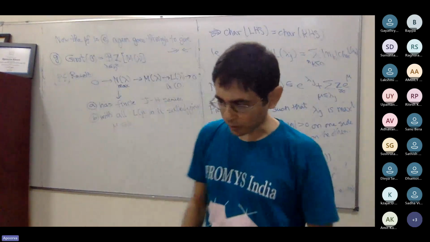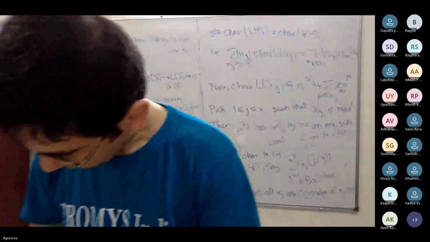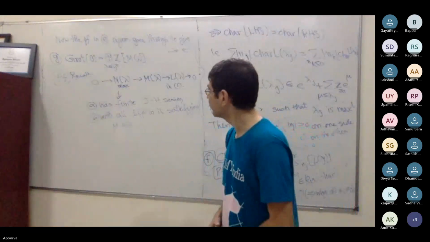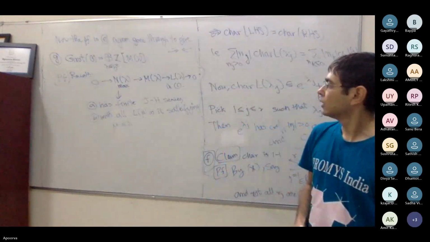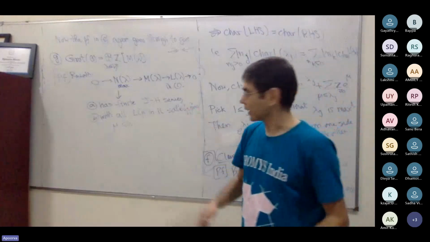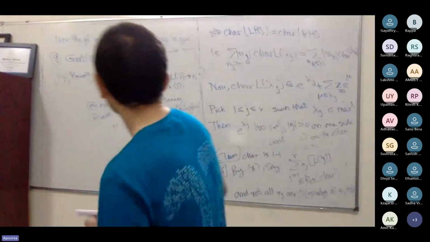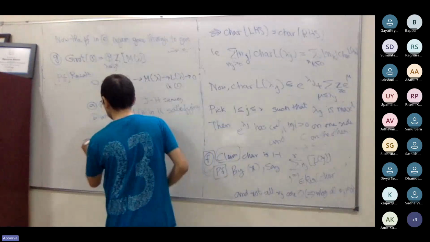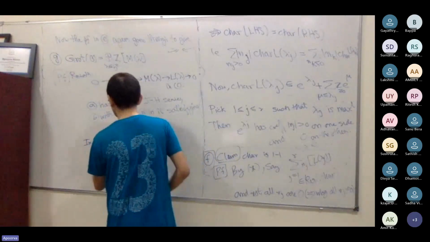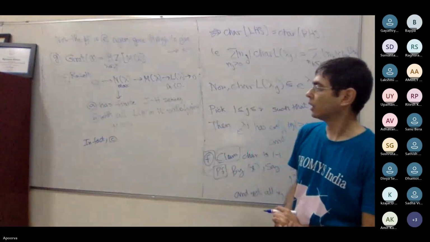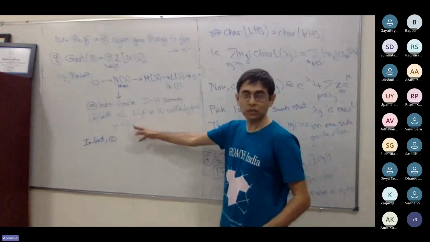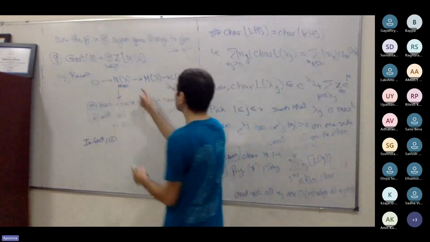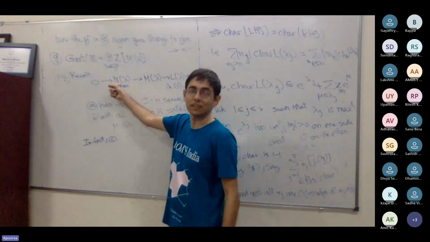Right now I'm not even going to center that. So you can do better actually. Maybe I should take 2 minutes and say that you can do better. In fact, suppose some L nu occurs in it.